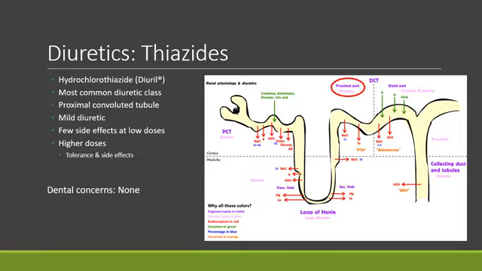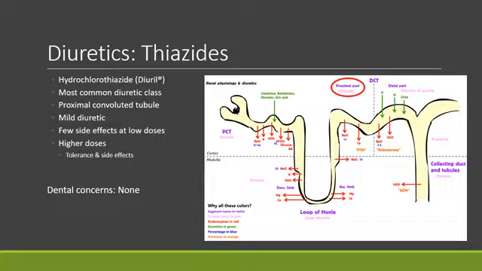Its activity, as you can see here, is by the red circle. The thiazide diuretics are identified as having action on the proximal convoluted tubule. Its actual diuretic activity, which is what I was talking about in the previous slide, is actually pretty weak. We see a mild diuretic activity with hydrochlorothiazide when we first put a patient on it, and then that kind of tapers off over time.